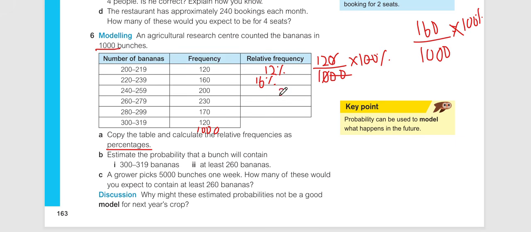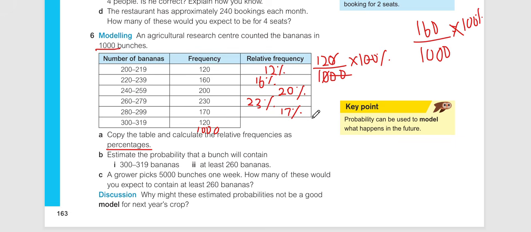You get the answer as 20%. Here it's going to be 230 divided by 1000 multiplied by 100%, and the answer is 23%. Here it's 170 divided by 1000 multiplied by 100%. Answer is 17%.